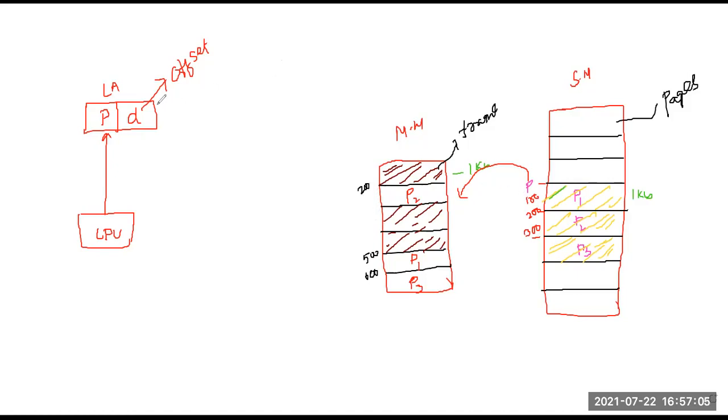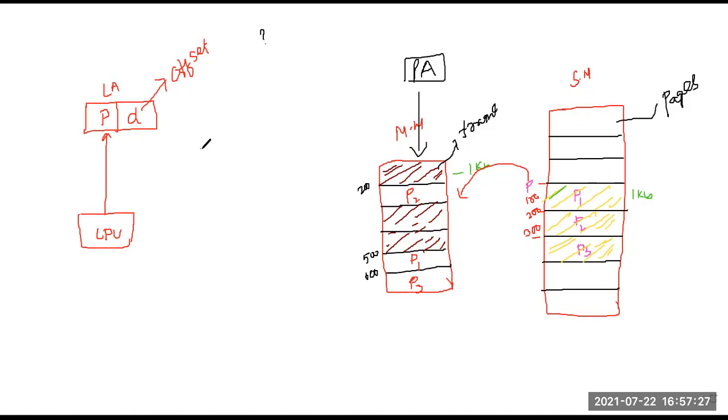But the question arises: how do I convert this logical address to physical address? How is it possible?